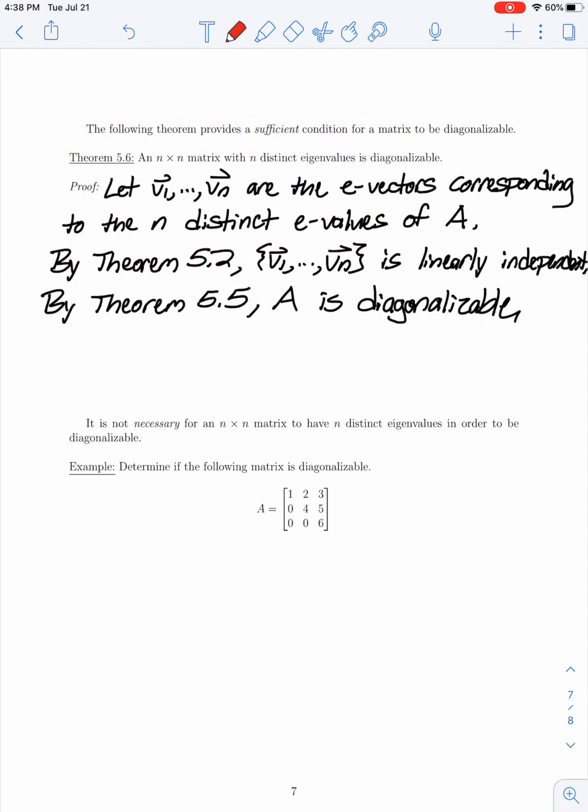A word of warning about this theorem. This is a sufficient condition. It is not a necessary condition. So it is not required that a square n by n matrix must have n distinct eigenvalues in order to be diagonalizable.